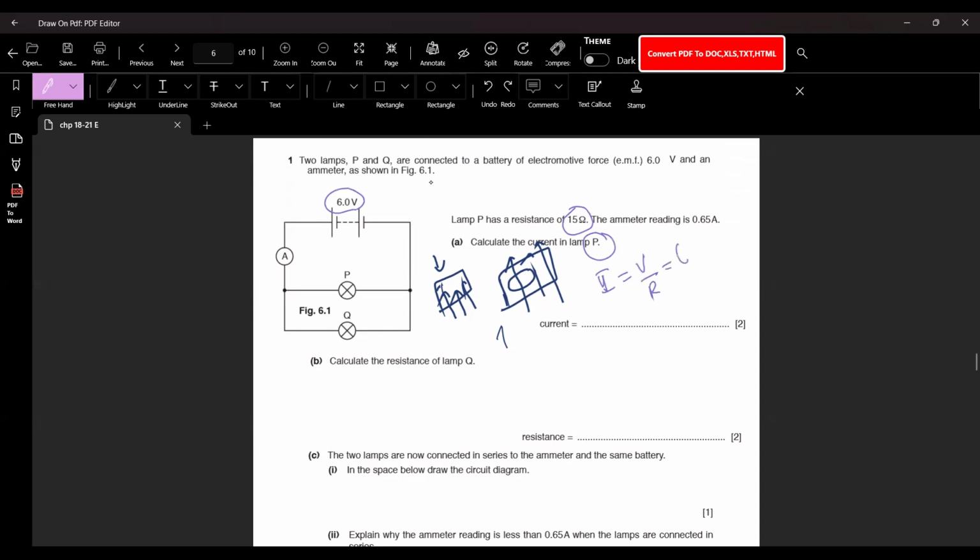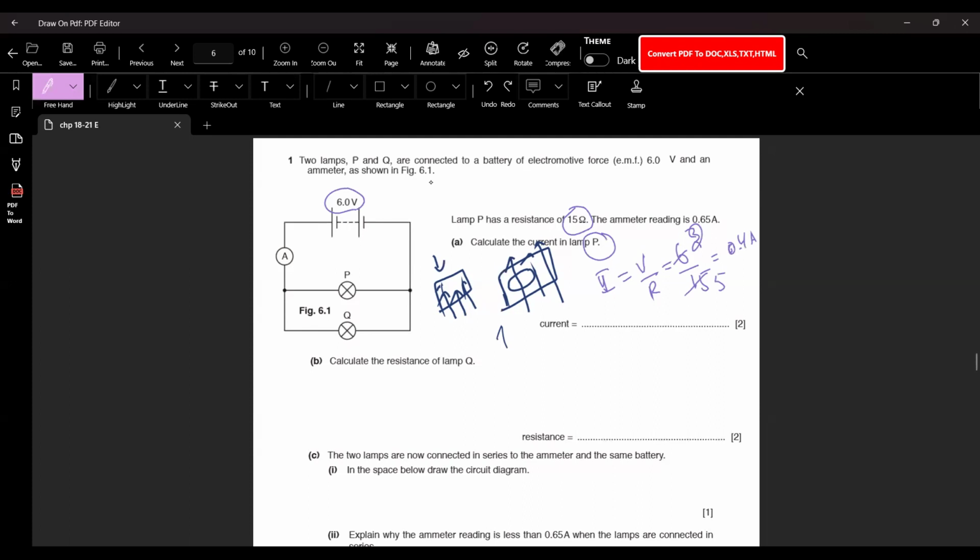V is given as 6 volt and R is given as 15. So 6 over 15 would give us a value of 0.4 ampere. Why is that? Because 3 twos are 6 and 3 fives are 15, so 2 over 5 is 0.4.